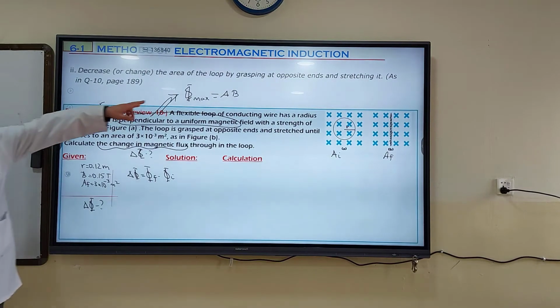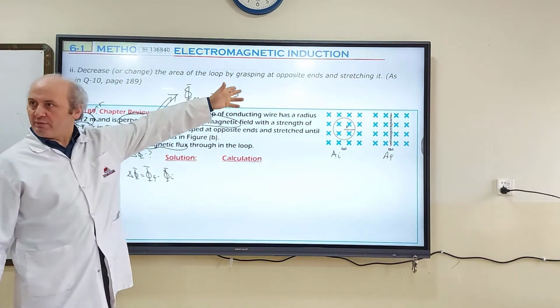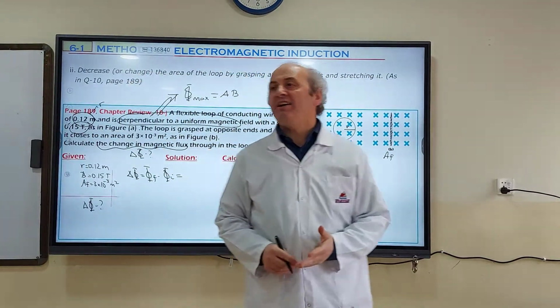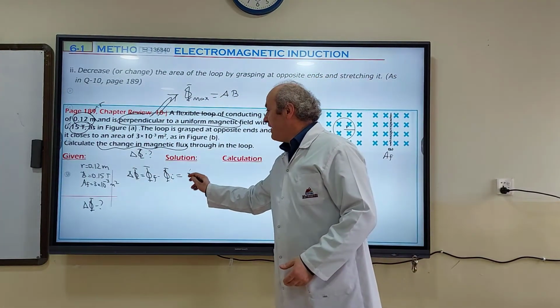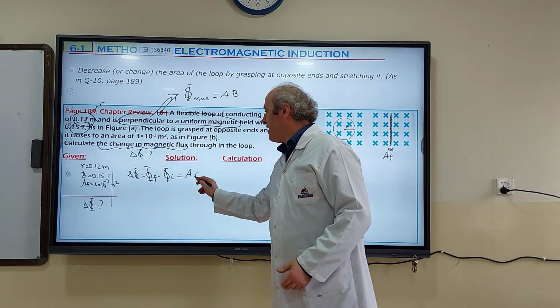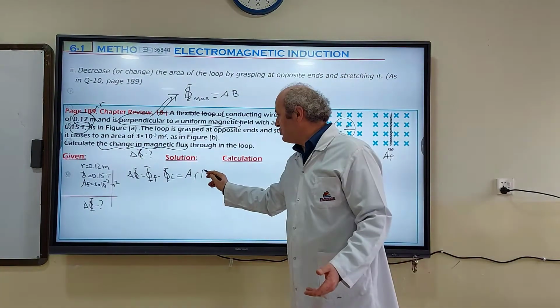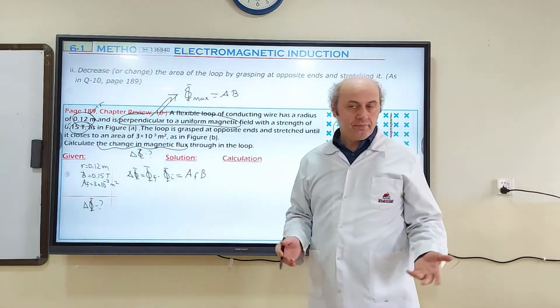I know the magnetic flux equation, A times B. So instead of final magnetic flux, I will write final values. Final area, A times B, B is not changing, so just B. There is no change in B. The magnetic field is the same.